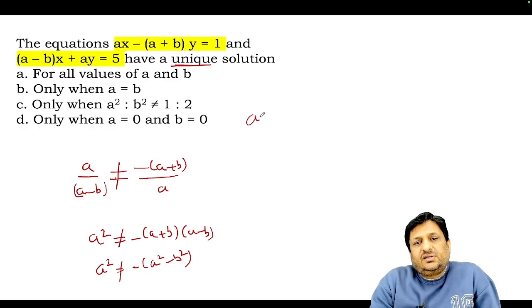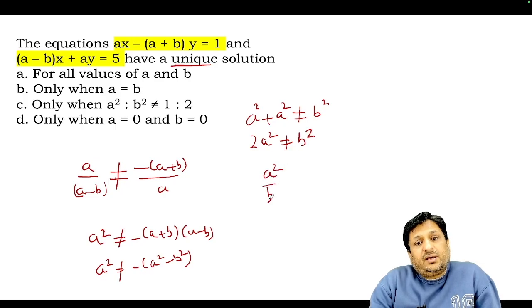So from here I can say A square minus A square will become plus A square when we come to the left hand side, and the right hand side is minus minus plus B square. So 2A square must not equal B square, or you can say A square by B square must not equal 1 by 2.